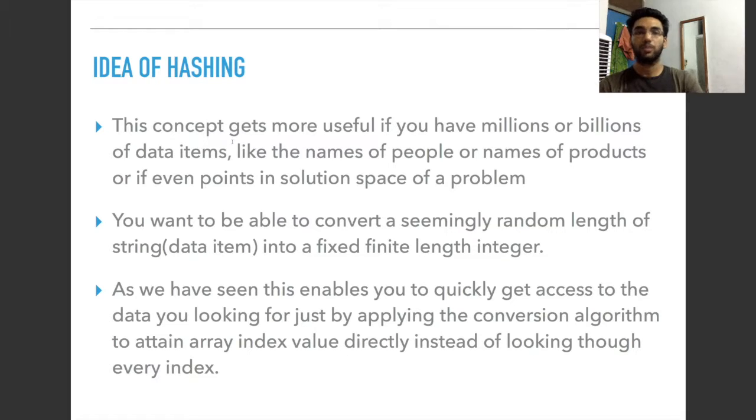For example, we should be able to convert a string of any length into a fixed finite length integer. And as we have seen, this enables us to quickly get access to the data that we are looking for by simply applying the conversion algorithm to attain an array index value directly instead of looking through every index.